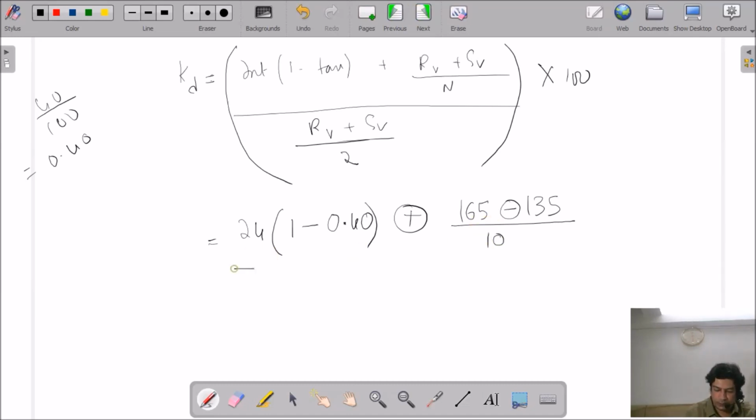Then redemption value is 165, sale value is 135, and this you have to divide by 2.